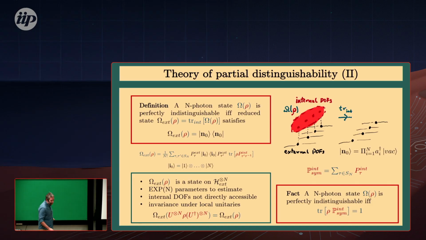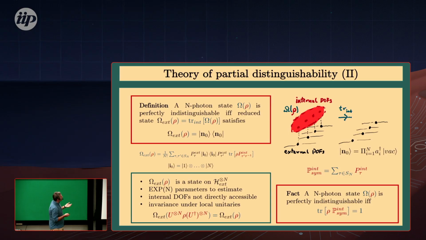And now, just to make my life a bit easier, there is some constant missing here. When you look at this, you realize that you recover this Fock state n0 if and only if those contractions are all equal to 1. So what this means is that rho is an eigenoperator of every permutation with eigenvalue 1, which means that the support of rho is in the symmetric subspace of those internal degrees of freedom.